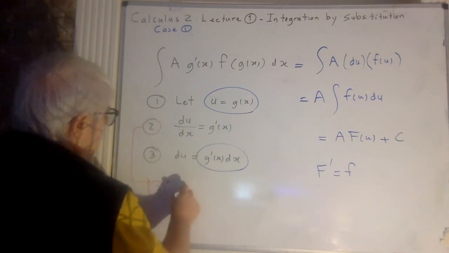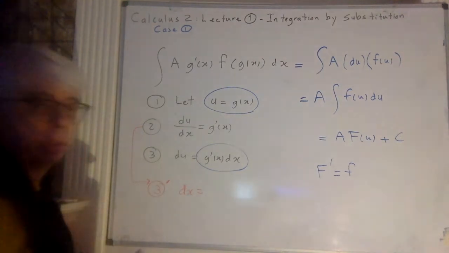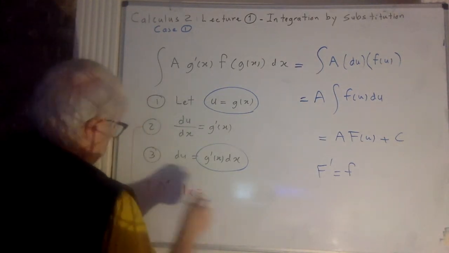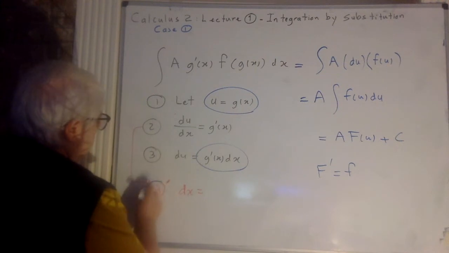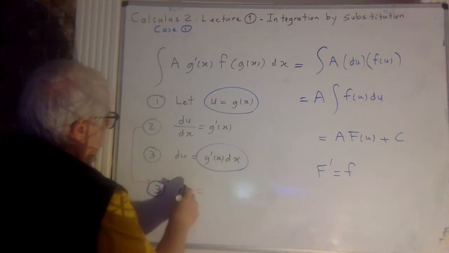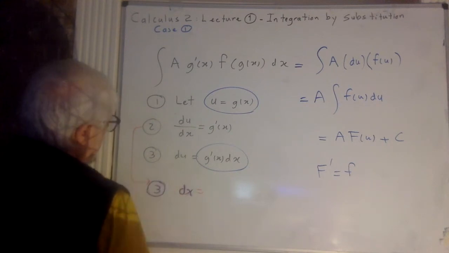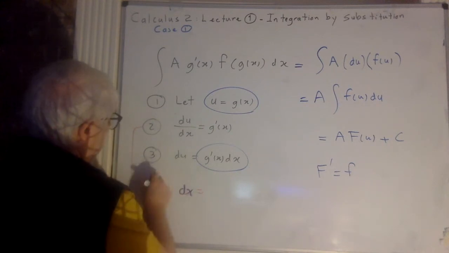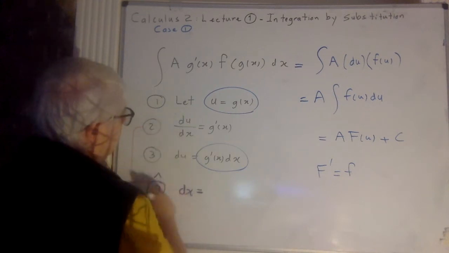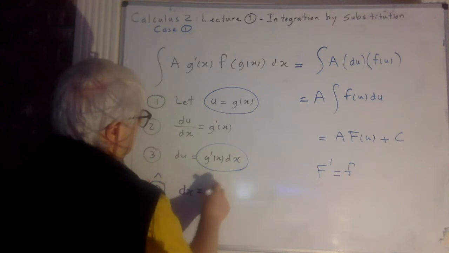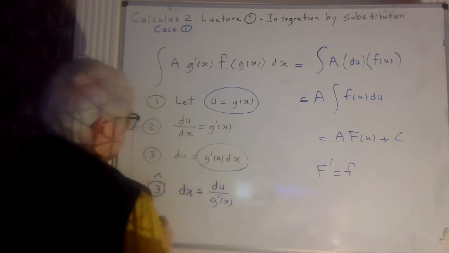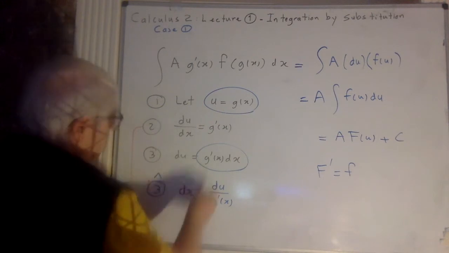So you write dx equals, well, let me see, we cannot see that red one here, so let me use another color. So you find dx from here, so dx will be du over g prime x. Now you substitute this one and this one.